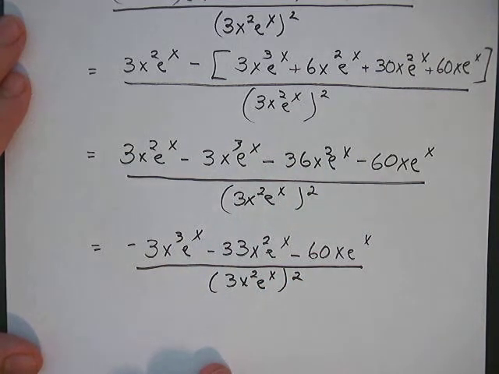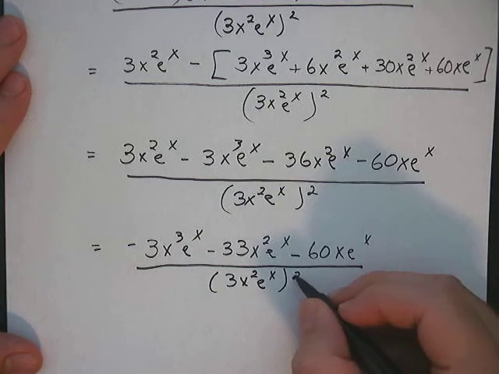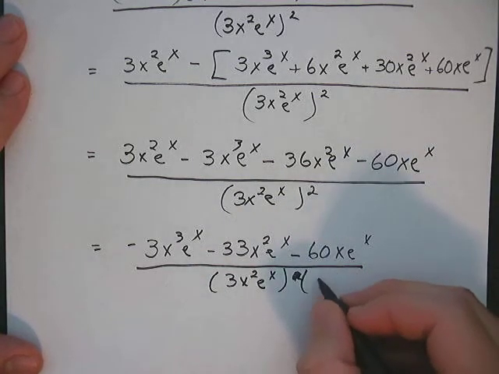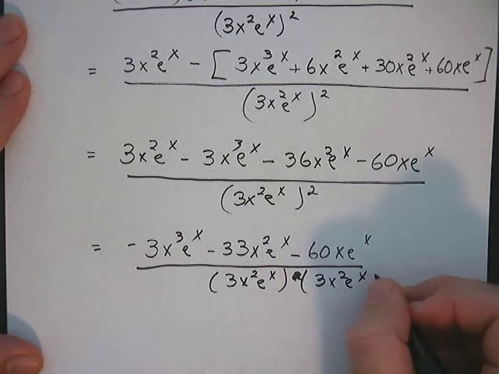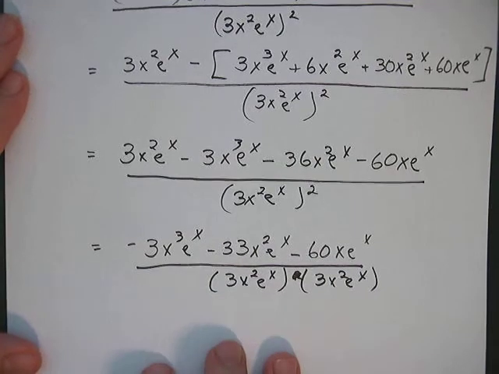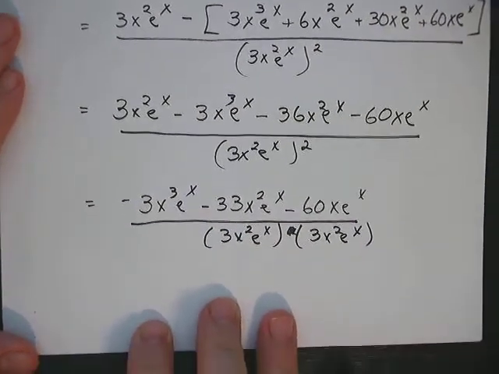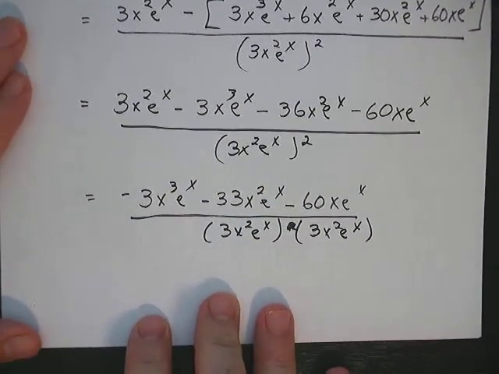Okay, so what can we factor out of this that will help us reduce this thing? So each term has an x in the numerator, and each term has an e to the x in the numerator. And if we wrote this, let's scratch out this and just write the term twice, 3x squared e to the x. Let's see what happens when we factor out an x and an e to the x.